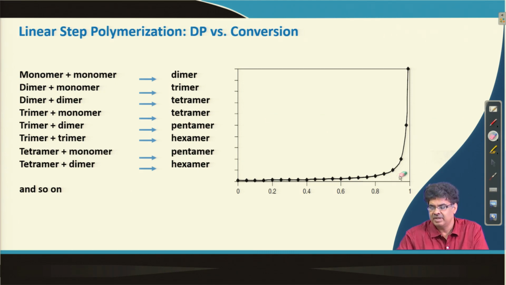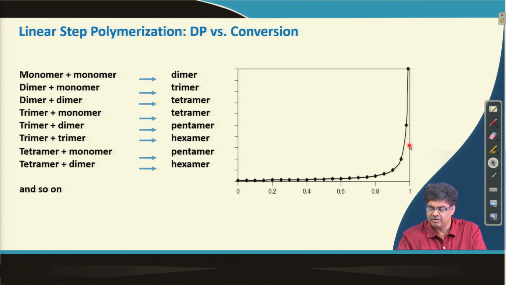So, we will have this type of scenario. Basically, to get a high molecular weight or high degree of polymerization, this is the molecular weight or degree of polymerization, this is conversion, we need to have almost quantitative conversion of functional groups.